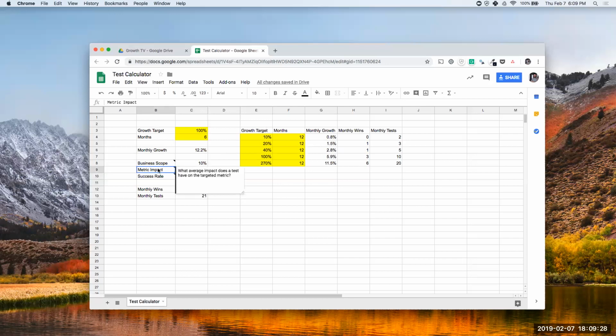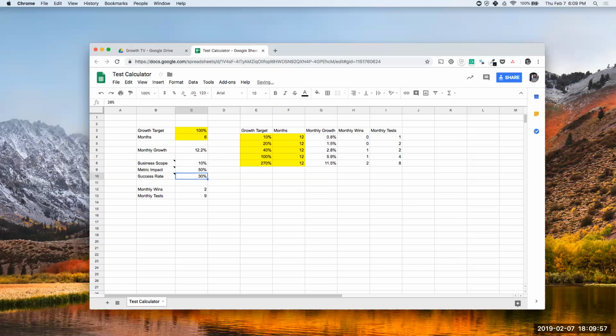Metric impact. That is, when the test is successful, what impact does it have on the metric? You can have a successful test that improves performance, but how much does it improve performance? Say you run a test on your Facebook ads and it improves click-through rate 20%. That would be one successful test with a metric impact of 20%. This could be higher if you're making bigger swings.